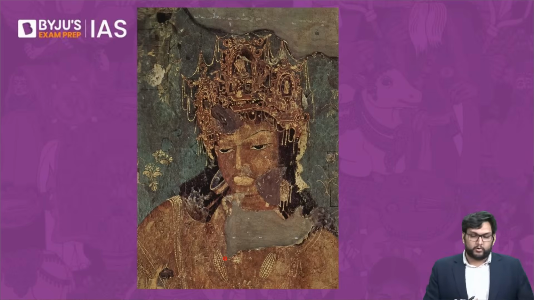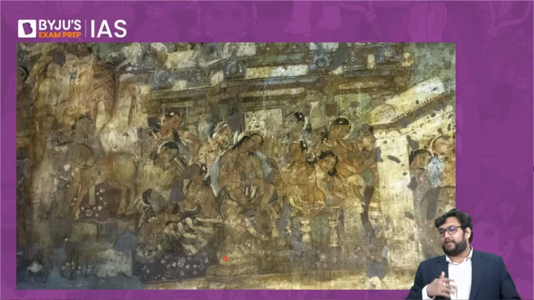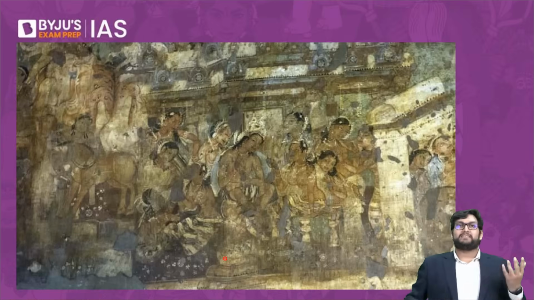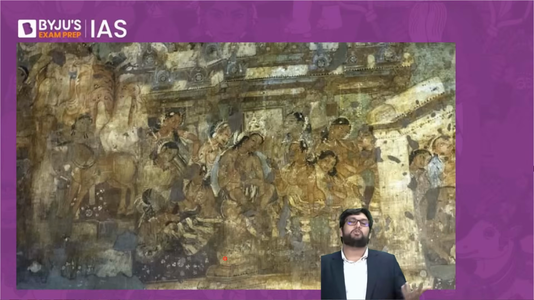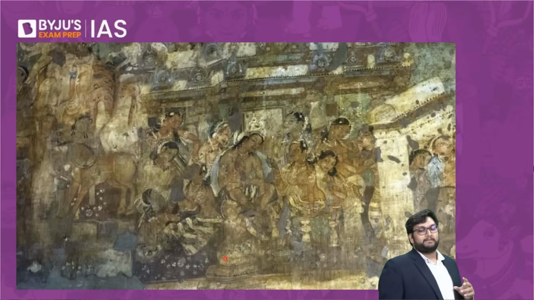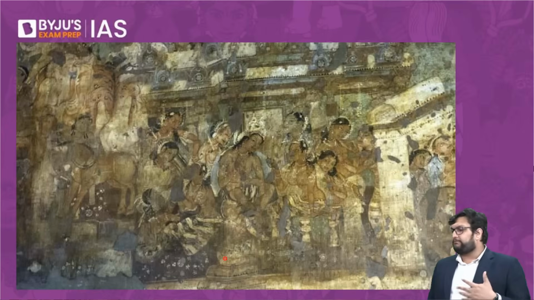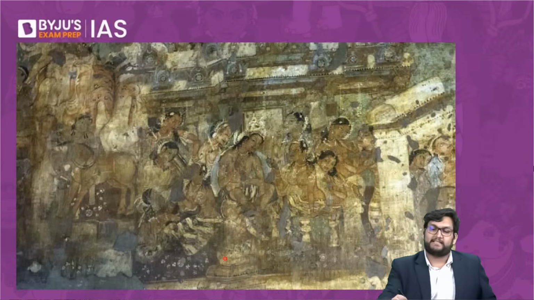If you look at the basic design of any of these paintings, obviously in the examination you can't show the examiner anything. What you have to do is tell the basic elements which are there.